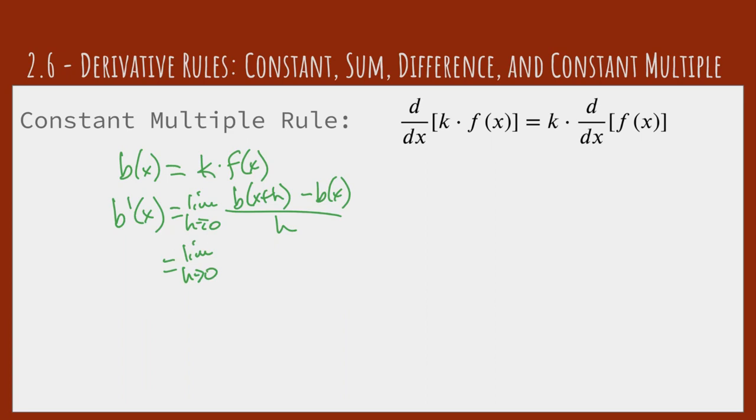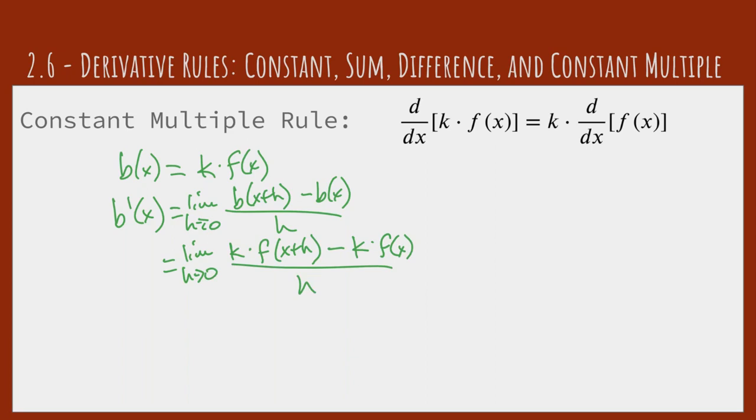So I'm going to replace the b of x's with k times f of x. So it's k times f of x plus h minus k times f of x all over h.